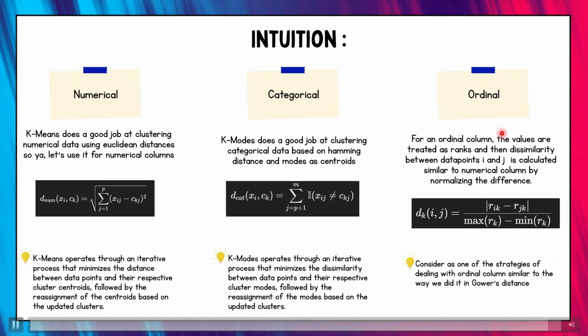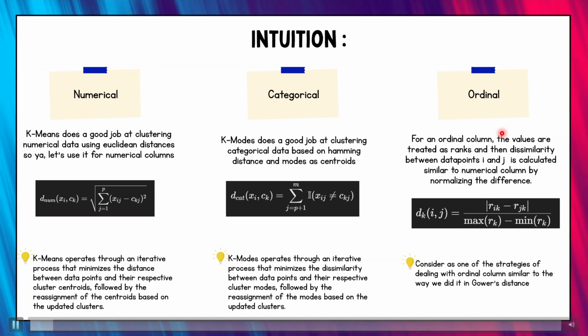Now, ordinal. By the way, when we are talking of K prototypes, usually people don't talk about ordinal columns because it's considered a combination of K-means and K-modes. But guess what? We can handle ordinal columns as well. So I've included it over here. For an ordinal column, the values are simply treated as ranks.